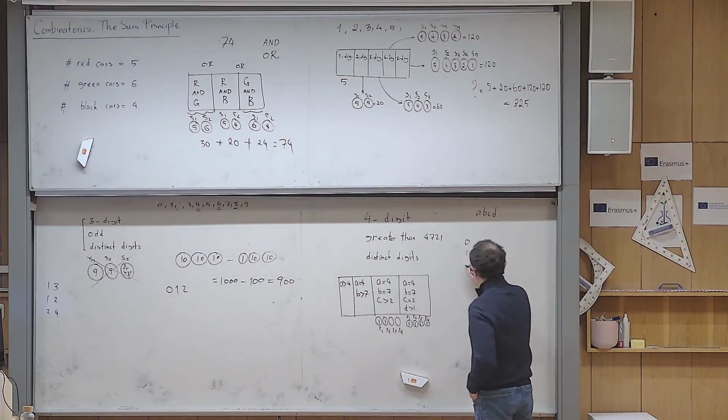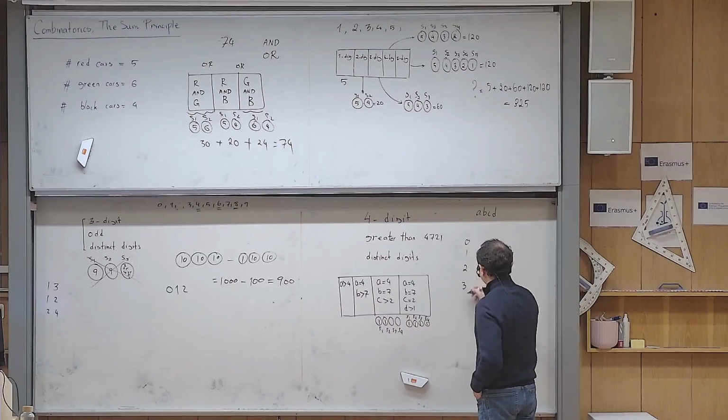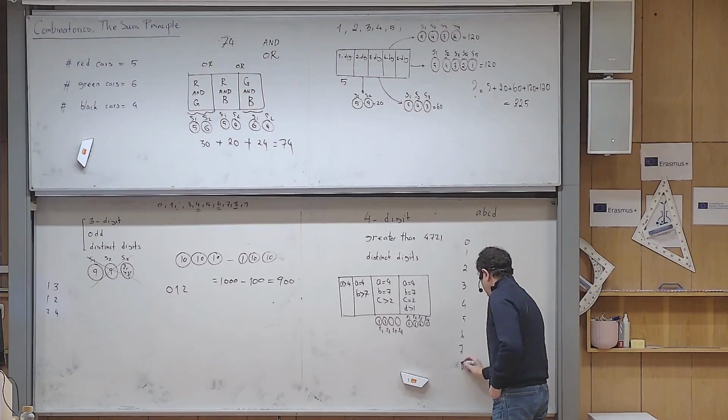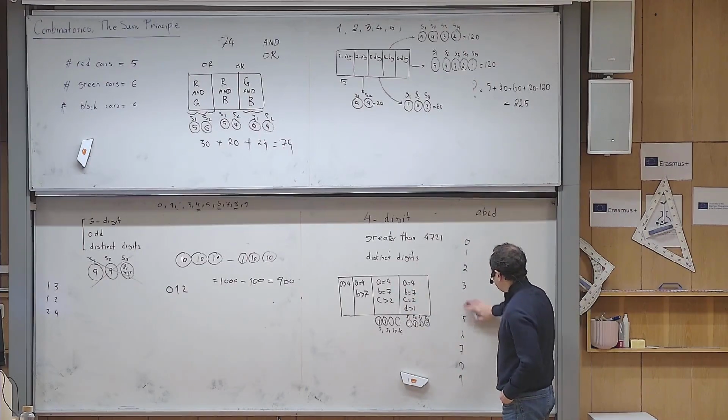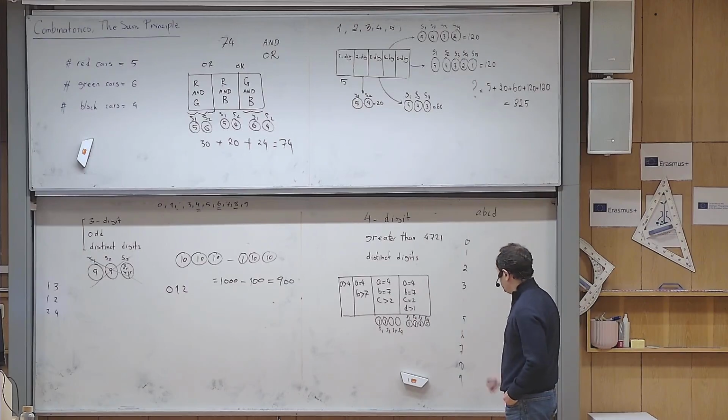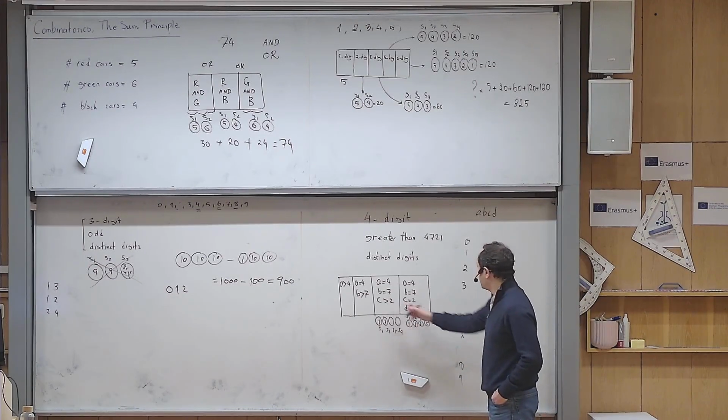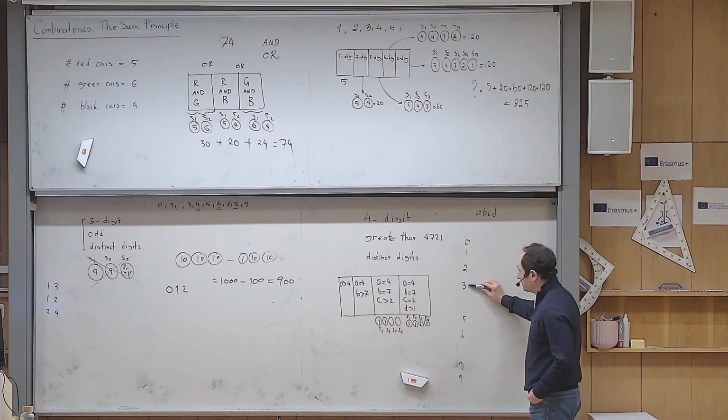So be careful: 0, 1, 2, 3, 4, 5, 6, 7, 8, and 9. 4 is already used, so let me clean it. 7 is already used, let me clean it. And then I want to choose C greater than 2, so I have to start from here.